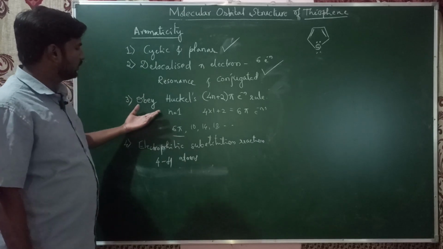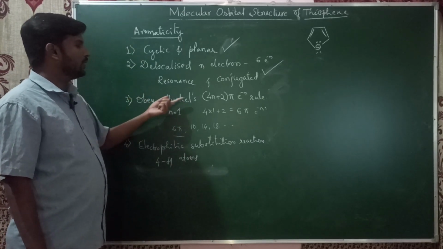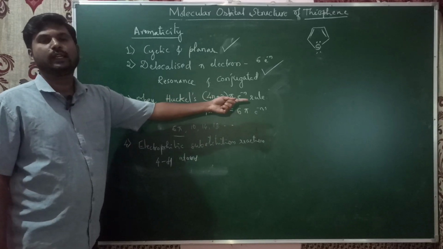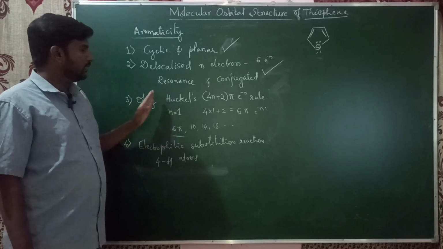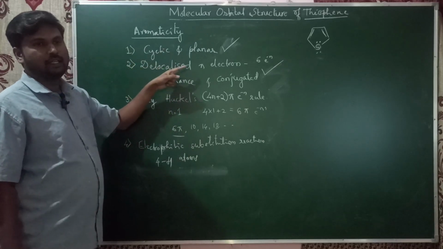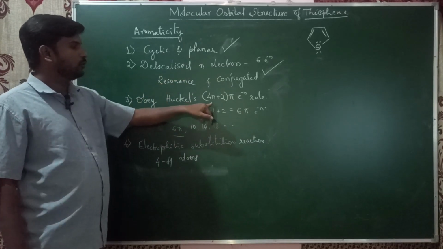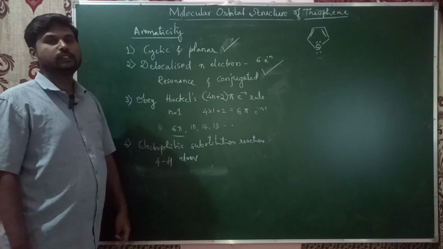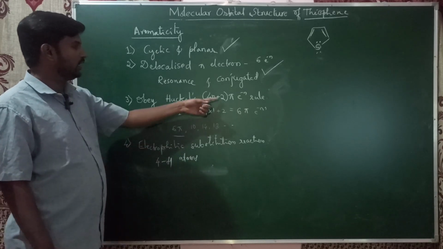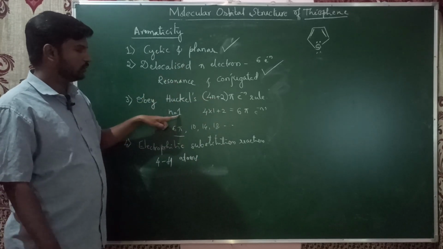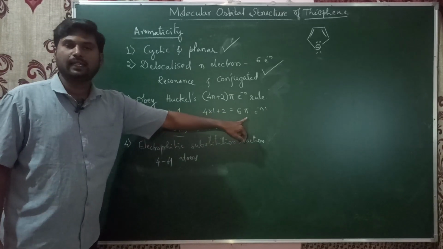When it comes to the third criterion, the compound should obey Huckel's 4n plus 2 pi electron rule. Huckel's rule states that a compound which is cyclic and planar with a completely conjugated system containing 4n plus 2 pi electrons will be aromatic. For a single ring, n equals 1, so 4 into 1 plus 2 gives 6 pi electrons.